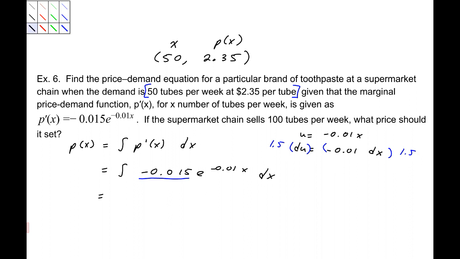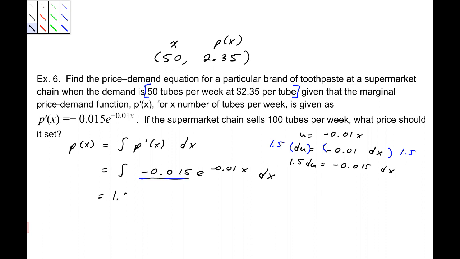Let me just double check that. 1.5 times negative 0.01, that is negative 0.015. So that would be negative 0.015 dx is 1.5 du. So we'll go ahead and use that.